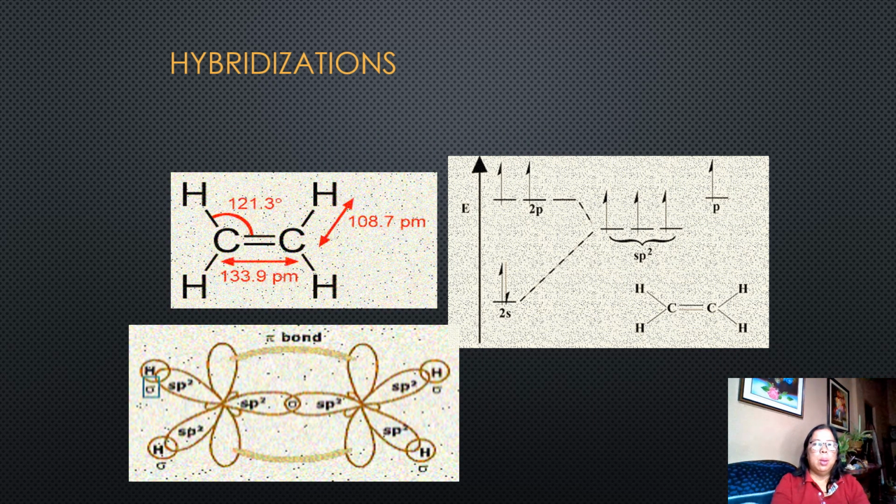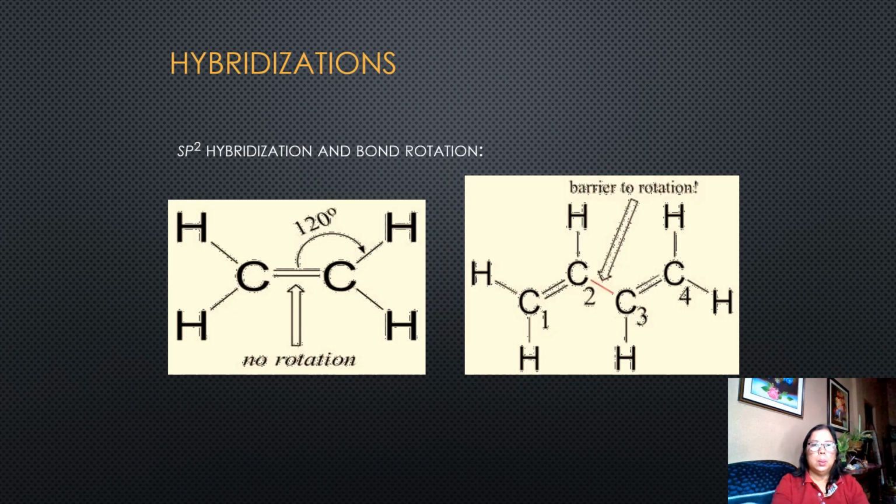And then this is the sp2. To illustrate the bond, it is already 120. Last time it is only 109, but now for double bond with single bond, it is 120.